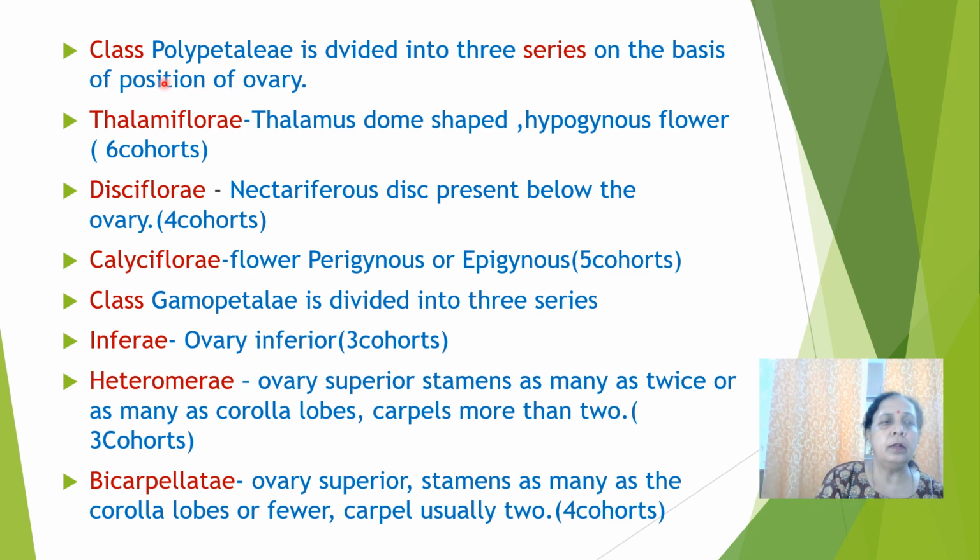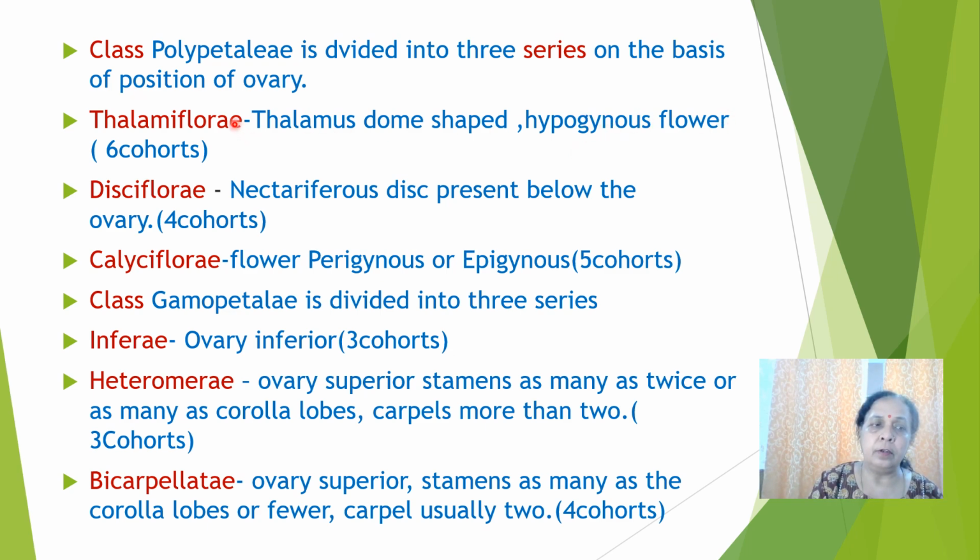Bentham and Hooker classified the class polypetalae into 3 series on the basis of position of ovary: thalamiflorae, disciflorae, and calyciflorae. Thalamiflorae means where the flowers show dome-shaped thalamus and position of the ovary superior, that is, the flower bears hypogynous flowers.